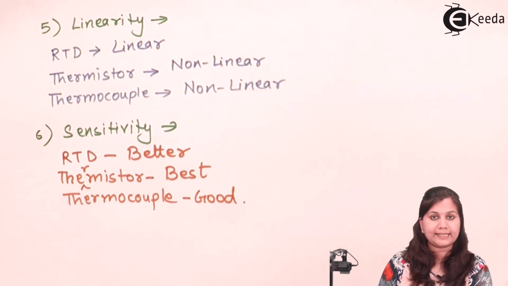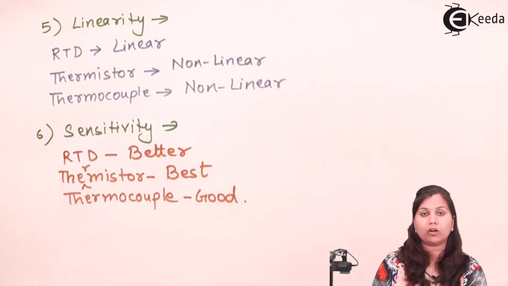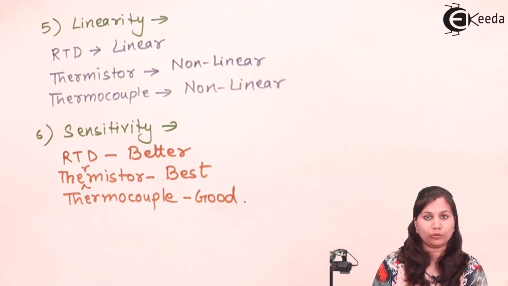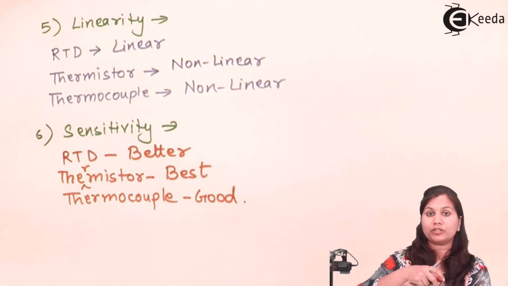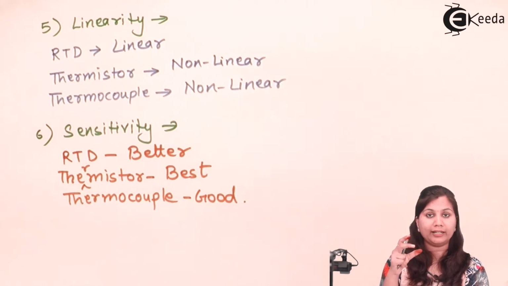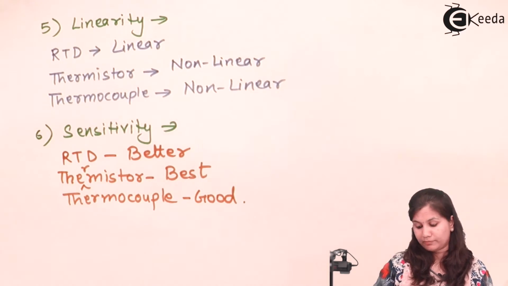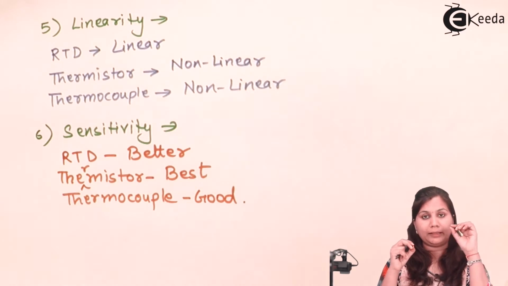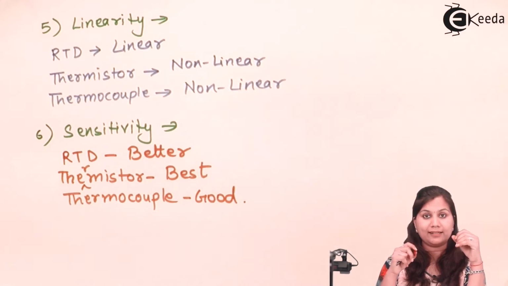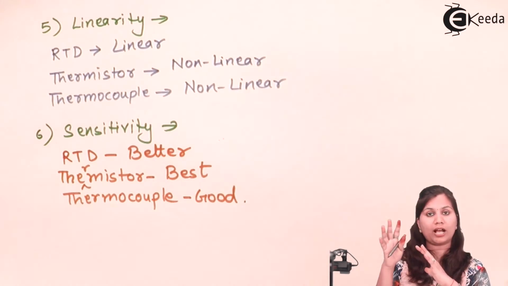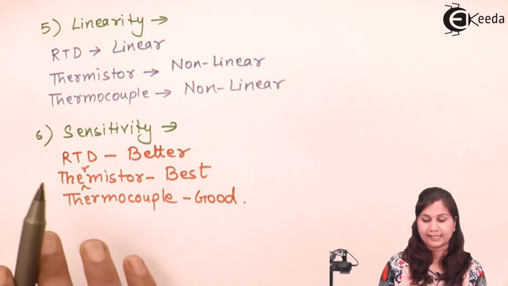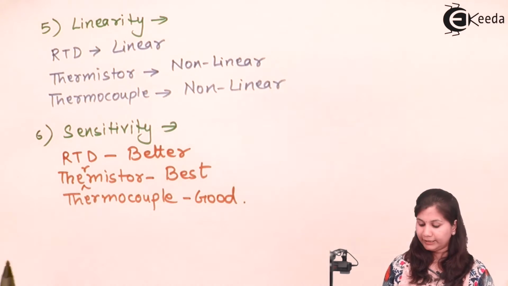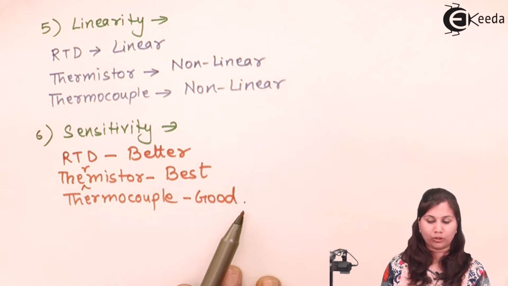They give us a highly sensitive output because they use a material having a negative temperature coefficient. So if there are any minute changes in the temperature, they are going to give a high output for those changes. If we change the temperature by just 1 degree Celsius, the change in resistance will be so large that it can be easily measured. So thermistors are highly sensitive. After that comes RTD, and the least sensitive is the thermocouple.